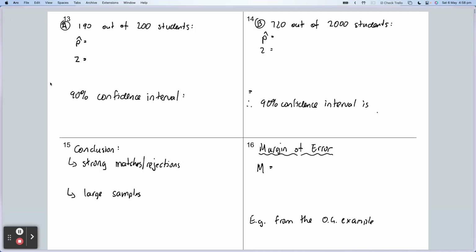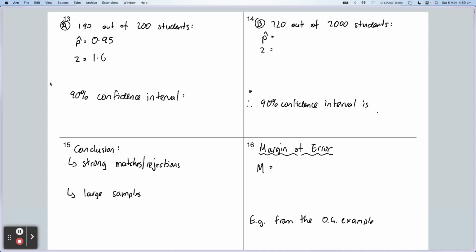First of all, what is p-hat? Well, if it's 190 out of 200, that probably doesn't require too much brain power to work out that the sample proportion and hence the point estimate is 0.95. Great. The Z value, well, it's still a 90% confidence interval, right? So that means that my Z value is going to be unchanged.